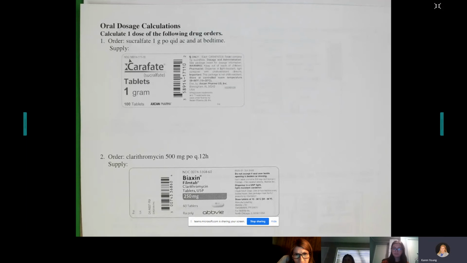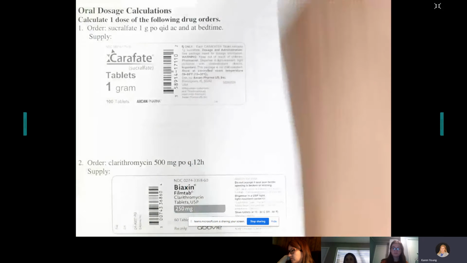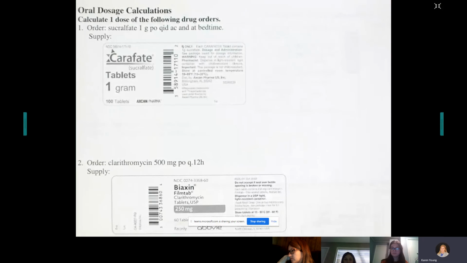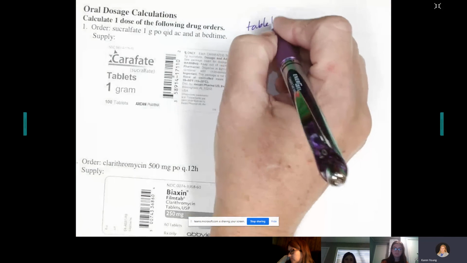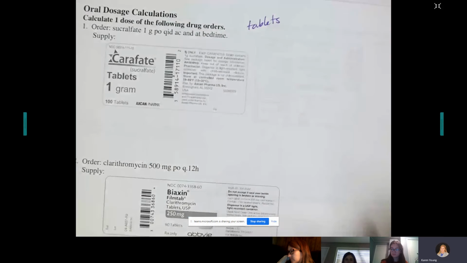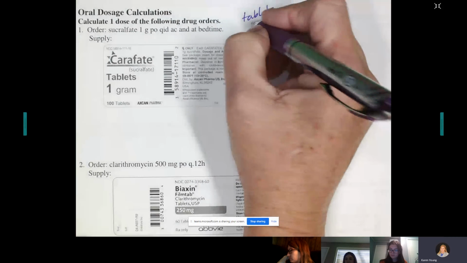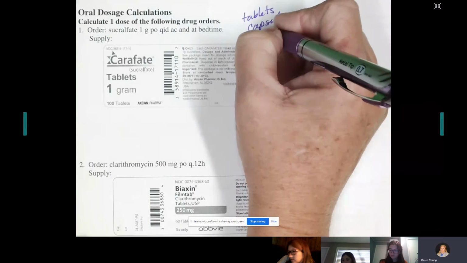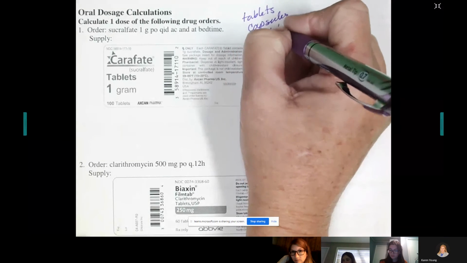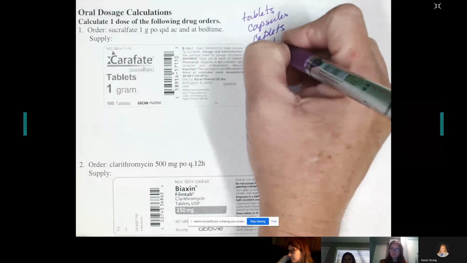Okay, so we're going to look at oral dosages today. I'm going to zoom this in. Most of our oral dosages are tablets. And I put this sheet on Canvas. Tablet, capsules, caplets, and oral solutions.